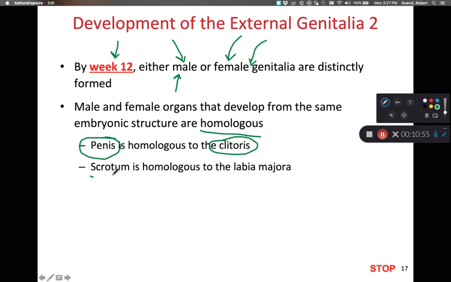And when we look at the scrotum and the labia majora, they're very homologous to each other. They both have a stratified squamous epithelium that's keratinized, and they both have a lot of pubic hair present on them. And that's all we have for this recording on how we have differentiation of the two biological sexes based off of hormones in utero.